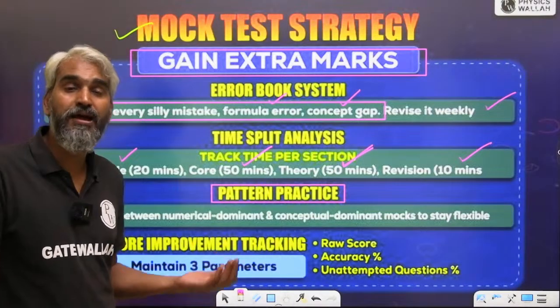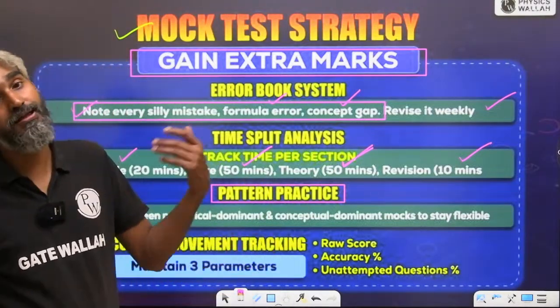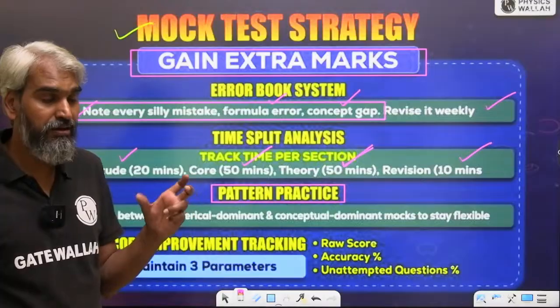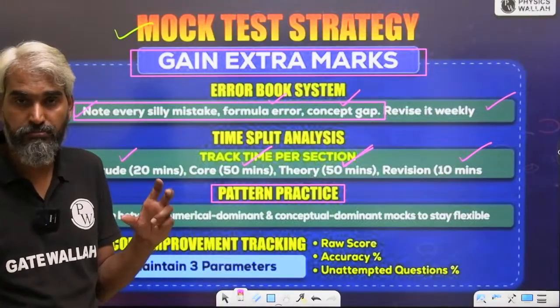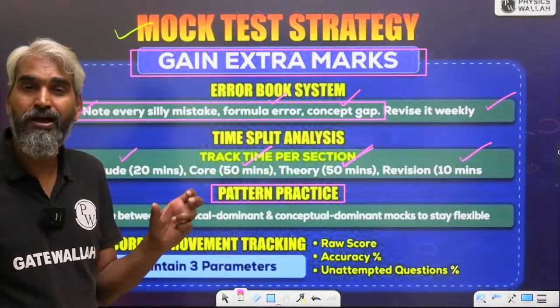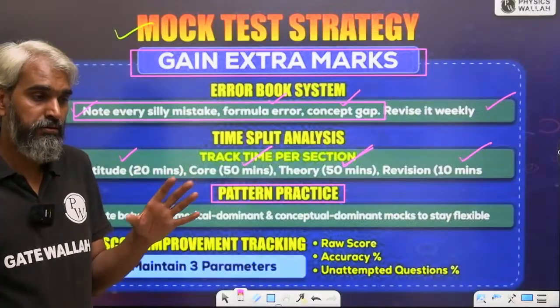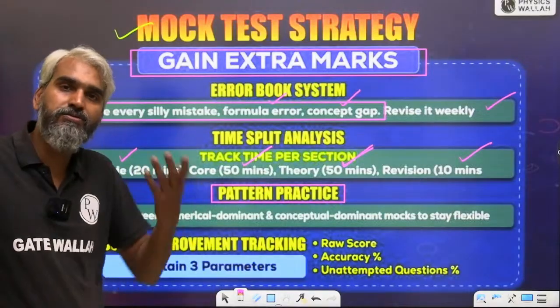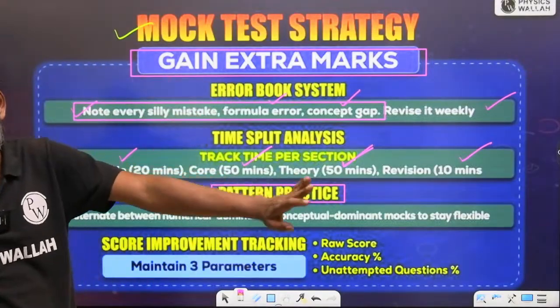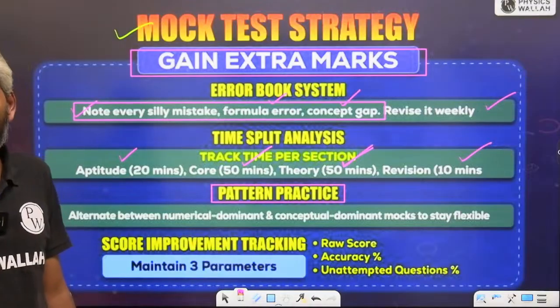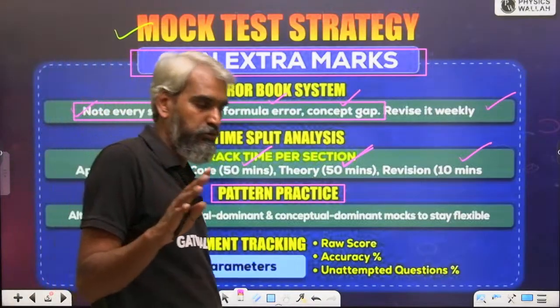Or sometimes they may ask questions based on theory in the very beginning, then they may jumble the questions based on formula in the middle, and the questions that are based on theory as well as formula may appear in the end. So these are the three categories in which I divide the questions.